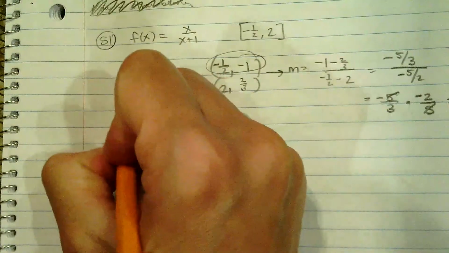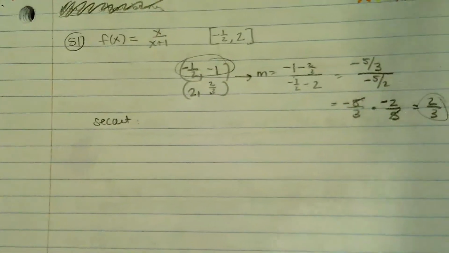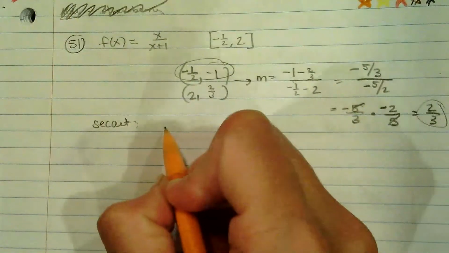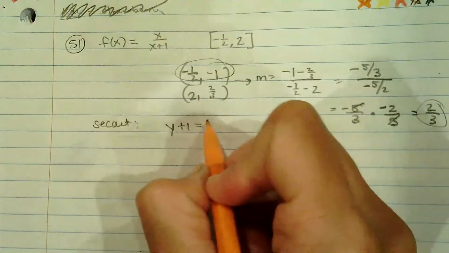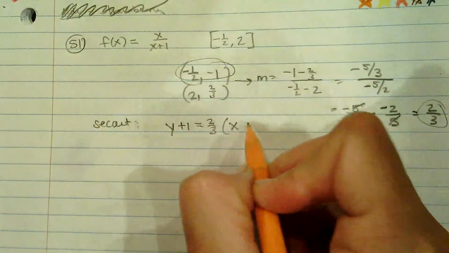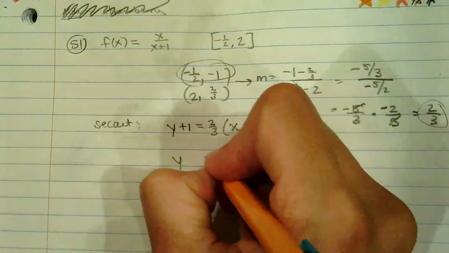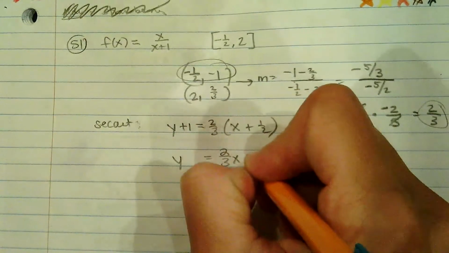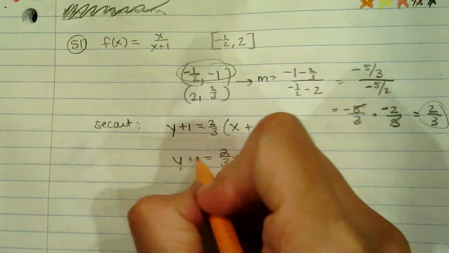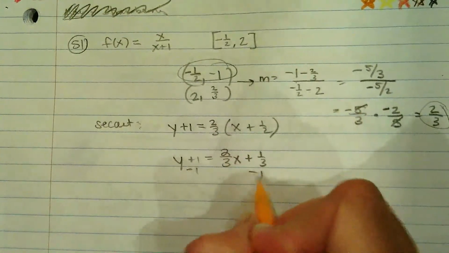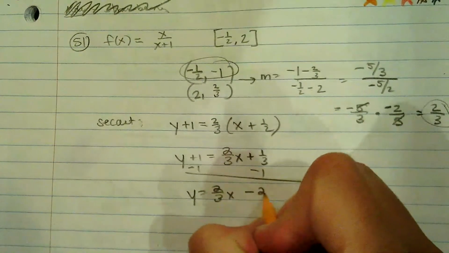So my secant line, sorry, just dropped my calculator, y minus y1, so y plus 1 equals 2/3 x plus 1/2. Distribute: 2/3 x plus 1/3, and then subtract over your 1. So y equals 2/3 x minus 2/3.